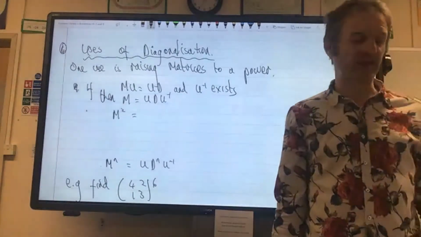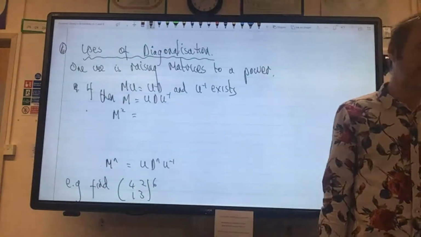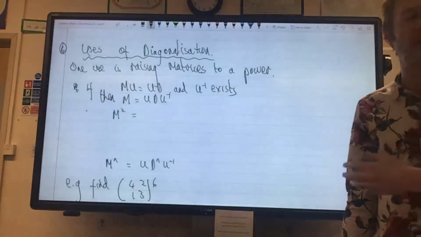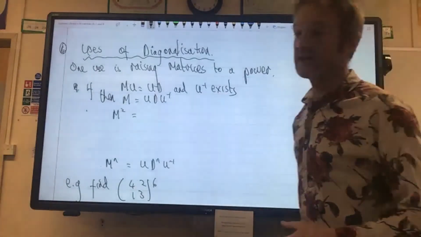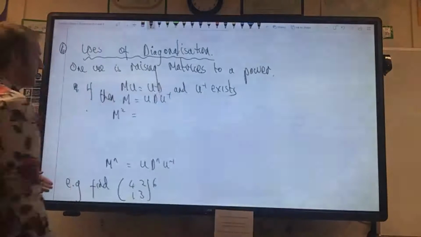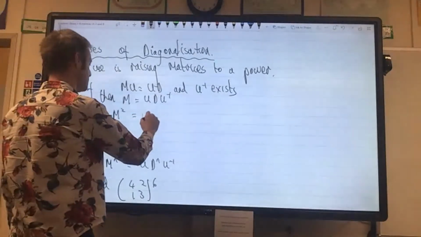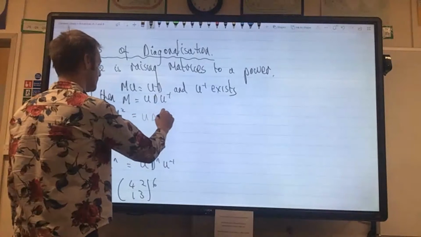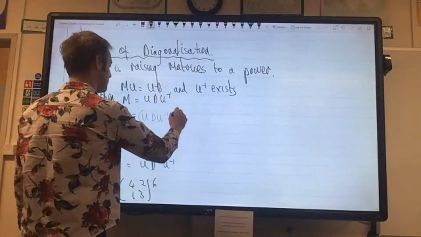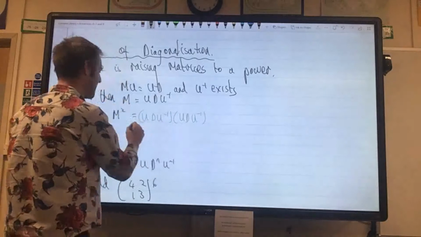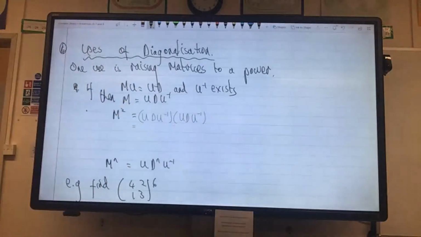Which might lead to the question, what does it mean if you can't diagonalise a matrix? That's one I'll have to answer when I show you what's actually going on here geometrically next week. But if I can diagonalise it, M squared is U D U minus 1, U D U minus 1. Sam, what does that simplify to?